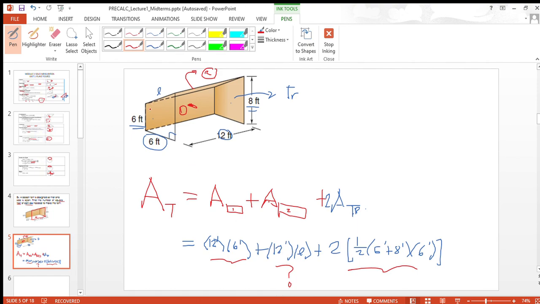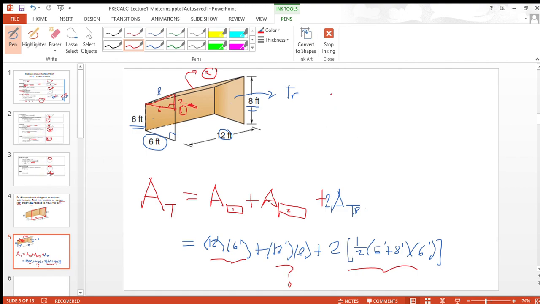So how do we now get the value of L? To get the value of L, we can draw a perpendicular line there. And what do we have? We now obtain a right triangle. That's L. This will be 6. Okay. If this is 8 and this is 6, that must be 2.